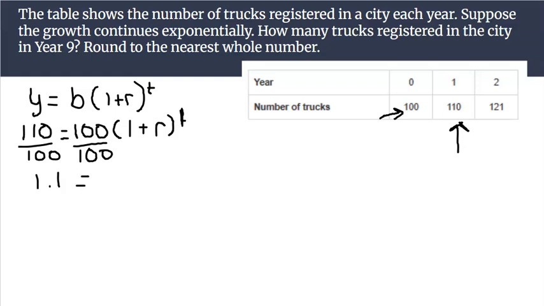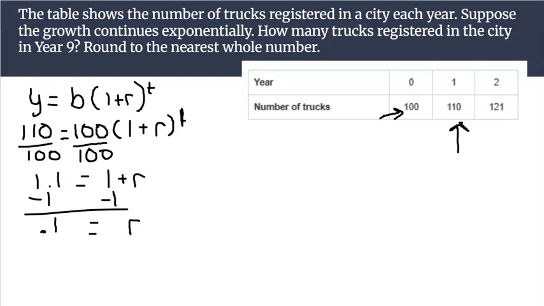And then 1 plus r to the 1 power is just 1 plus r. Then all we have to do is subtract 1 from both sides, and that gives us our rate of growth, 0.1. So we have r by itself. This tells us the rate.